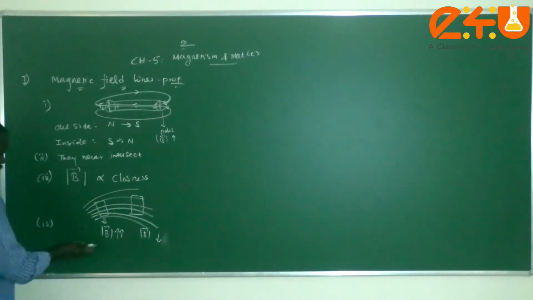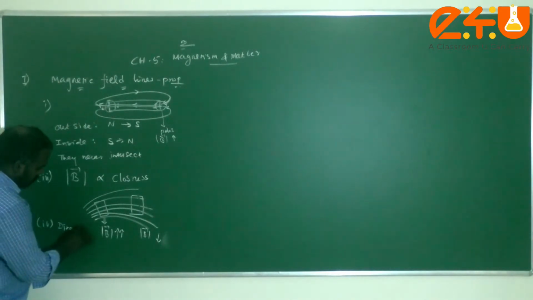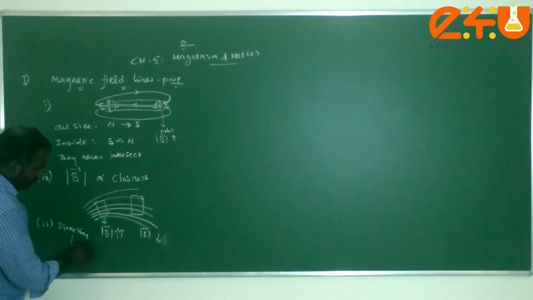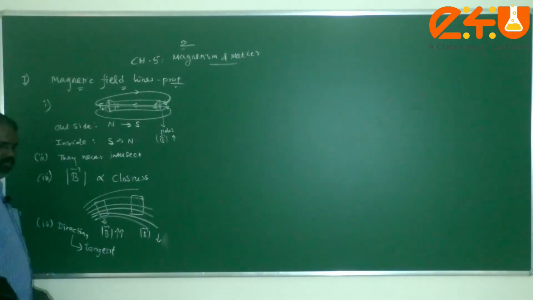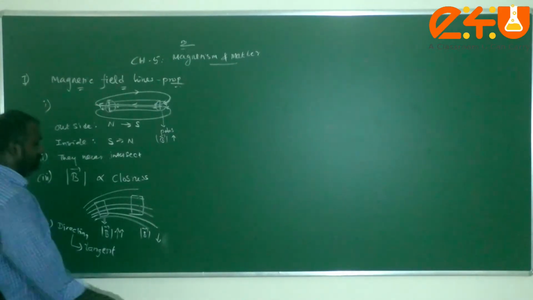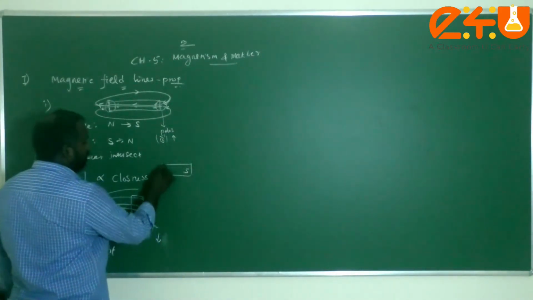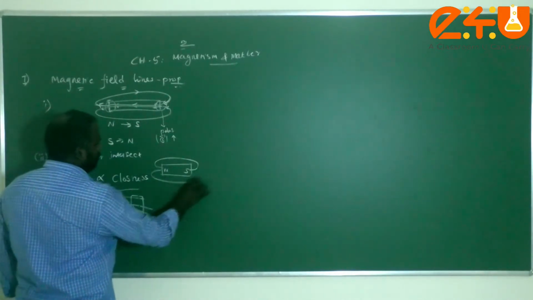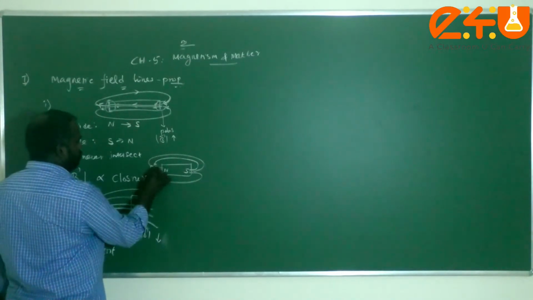If you want to get the direction of the magnetic field, just draw the tangent at the point. The tangent drawn will give the direction of the magnetic field lines. For example, this is the bar magnet, N and S, with the field line pattern going out like this.